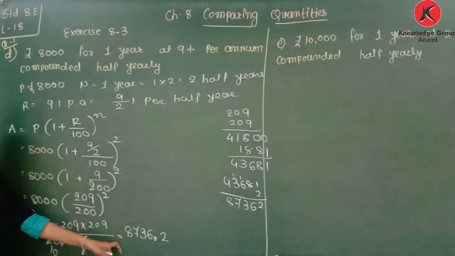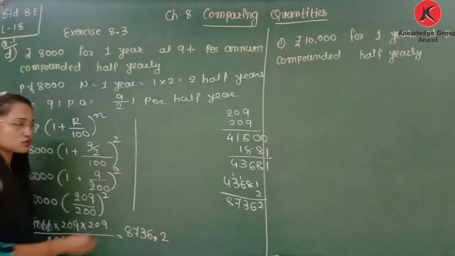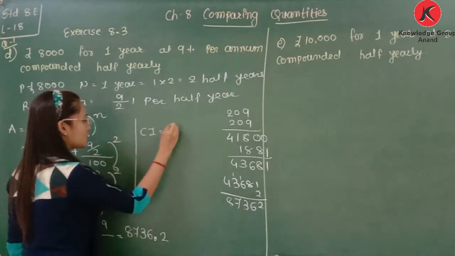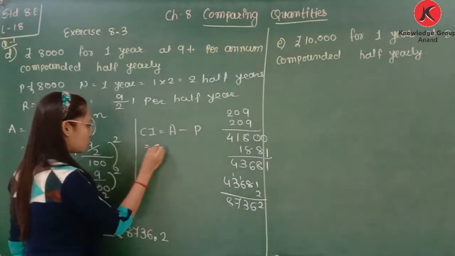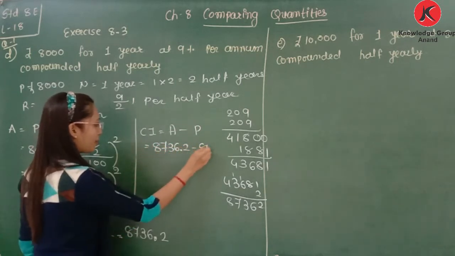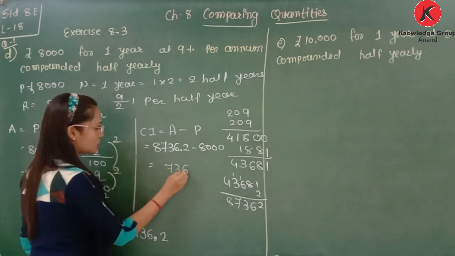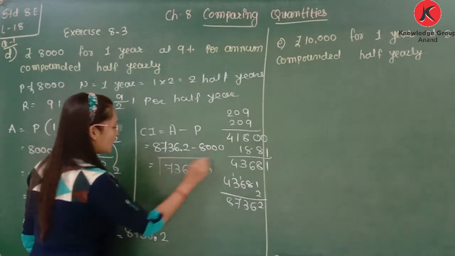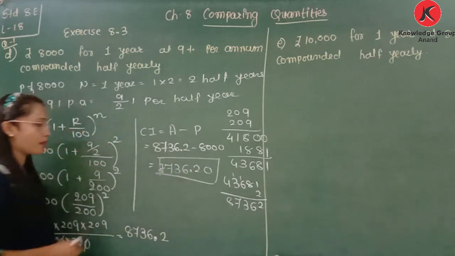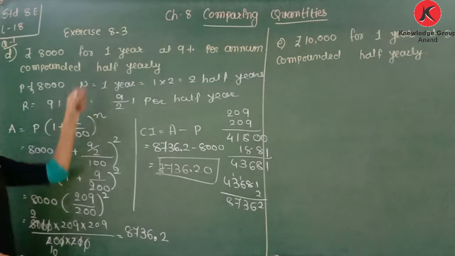This is the amount after 1 year when it is compounded half yearly. So what will be the compound interest? That is amount minus principal value: 8,736.2 minus 8,000, so that is 736.20. This is our compound interest after 1 year when it is compounded half yearly.